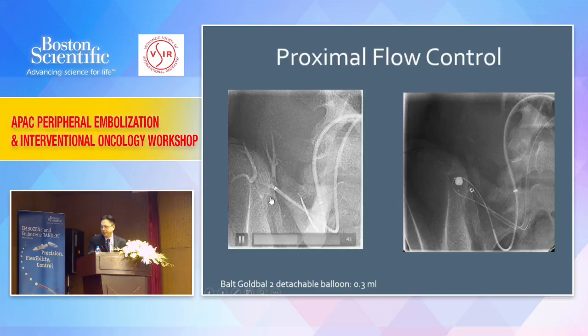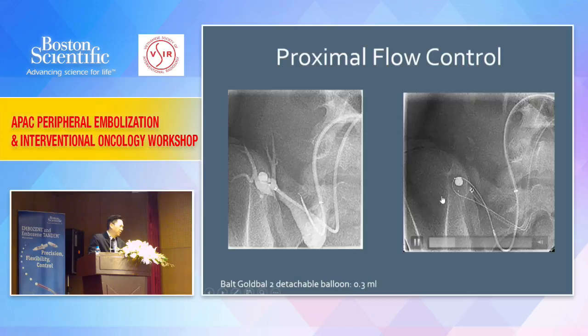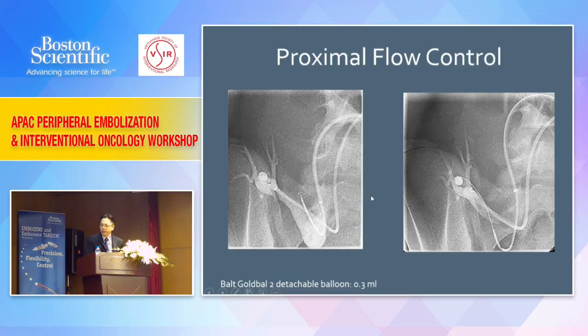My intention is to occlude the artery from this side and coil from the venous side, transvenous coiling. I used a gold ball detachable balloon, but the wonder bit is that the moment I inflate this balloon, the fistula has completely stopped.